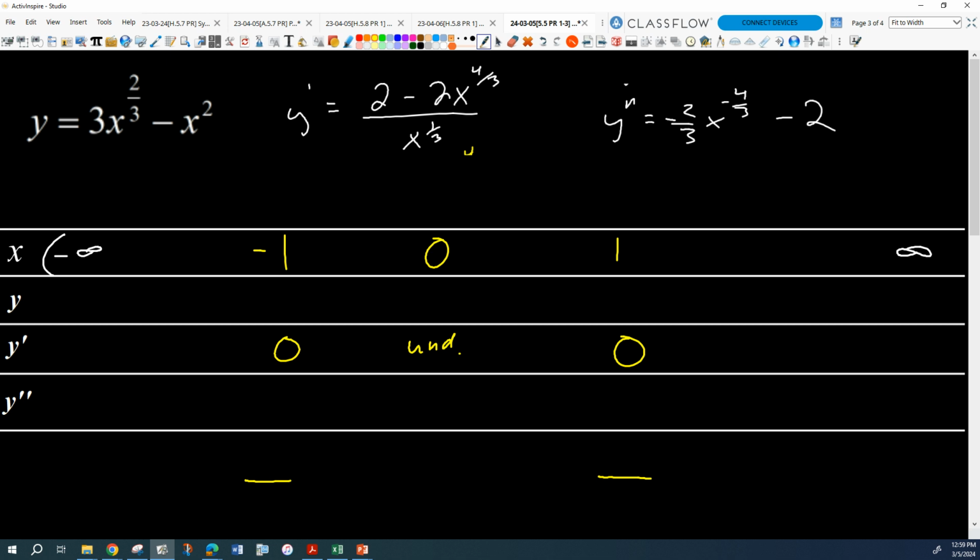What's going to happen at a critical number of the first derivative where it's undefined? If that results in an extremum, characterize the extremum. What's going to be interesting about it? It's going to be sharp, right? Can a sharp extremum have a concavity at that point?